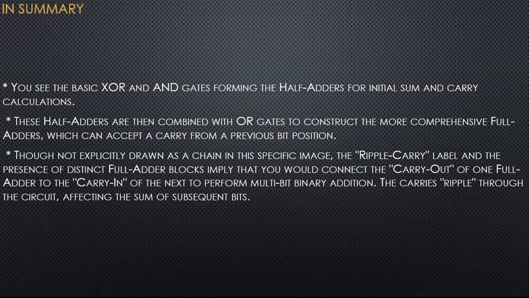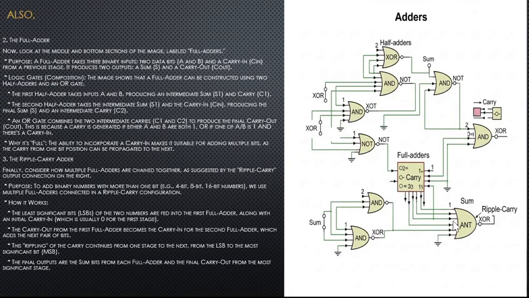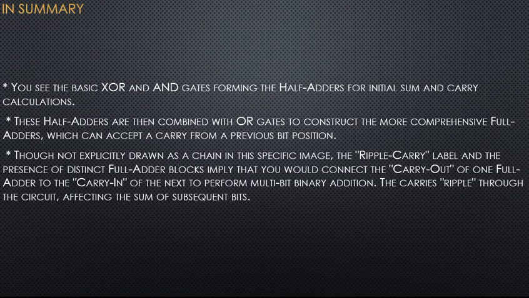In summary, using your chosen image, you see the basic XOR and AND gates forming the half adders for the initial sum and carry calculations. These half adders are then combined with OR gates to construct the more comprehensive full adders, which can accept a carry from a previous bit position.